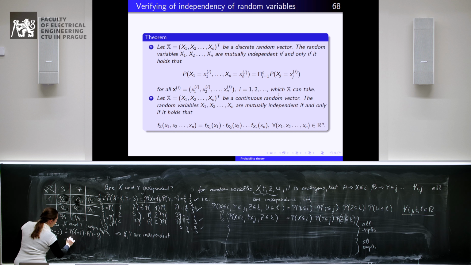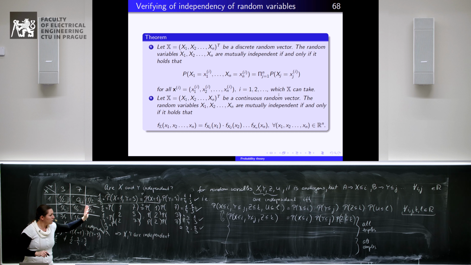The probability that x is equal to 1 is 1/2, and the probability that y is equal to 3 is 3 over 4. So it is 3 over 8. It is not satisfied. And since the definition says this relation must be satisfied for all combinations, when we find at least one combination which doesn't satisfy this relation, it means that the variables are not independent.